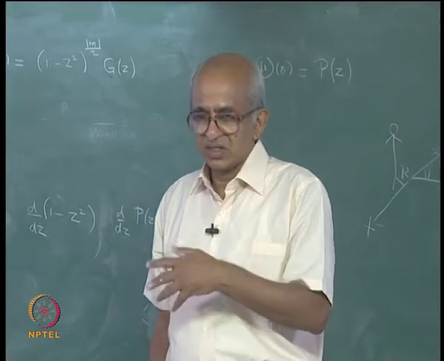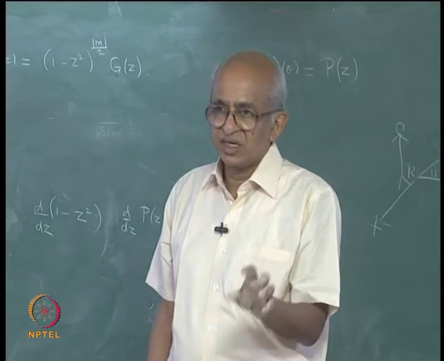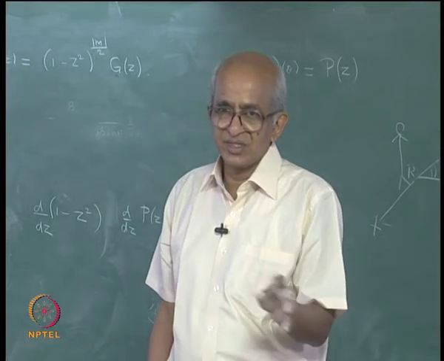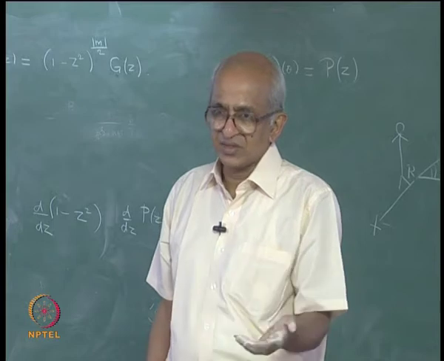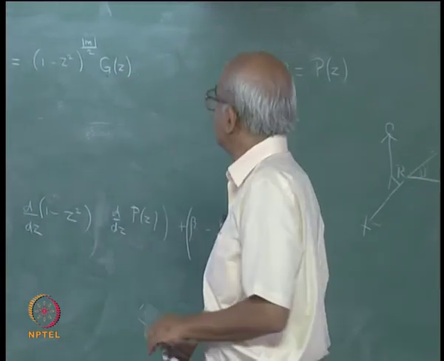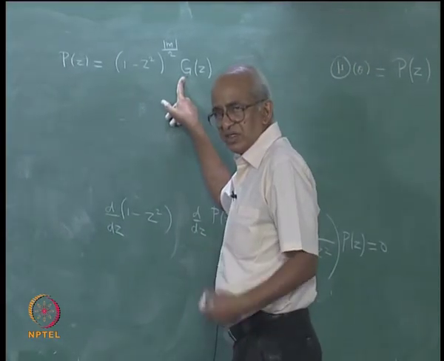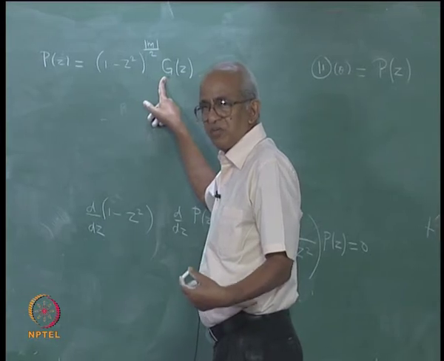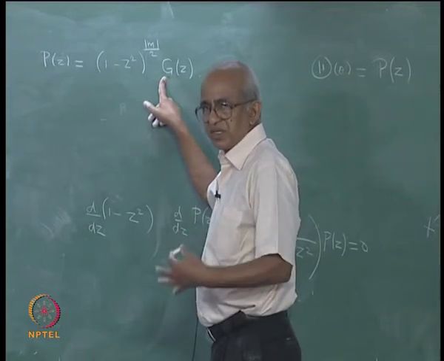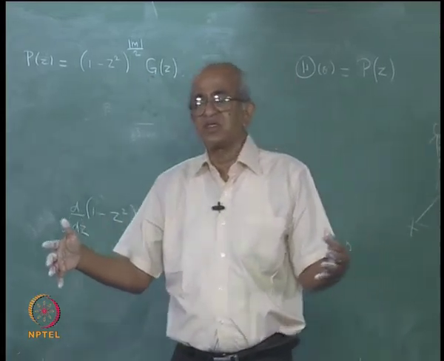Remember yesterday we discussed the harmonic oscillator, where we had the function H, and this H was written as a power series in the variable x. In exactly the same fashion, if you make this substitution, you will get an equation for G, and that equation can be solved by assuming a power series expansion.